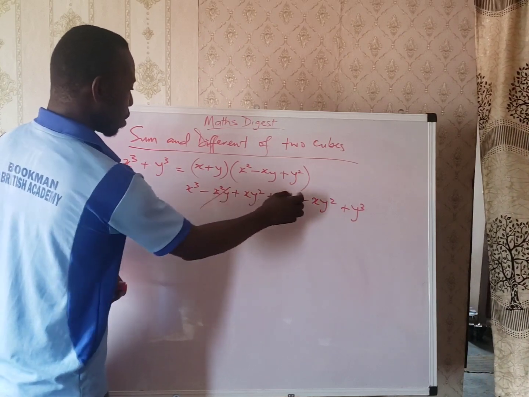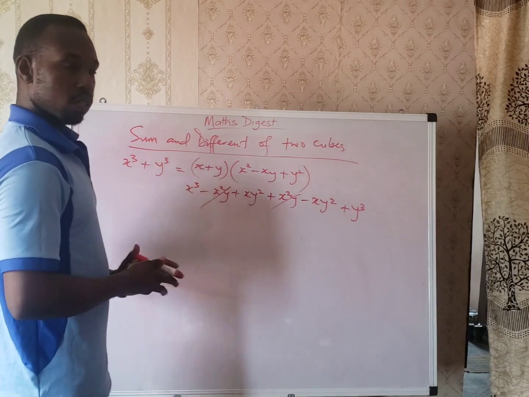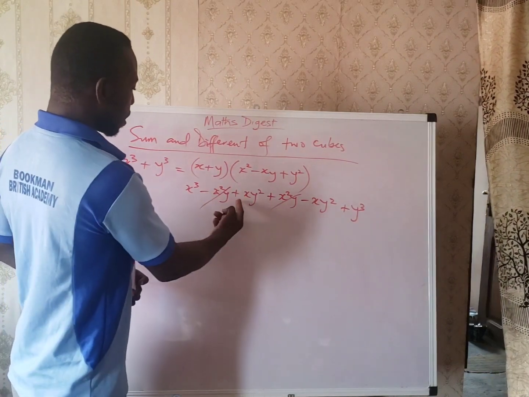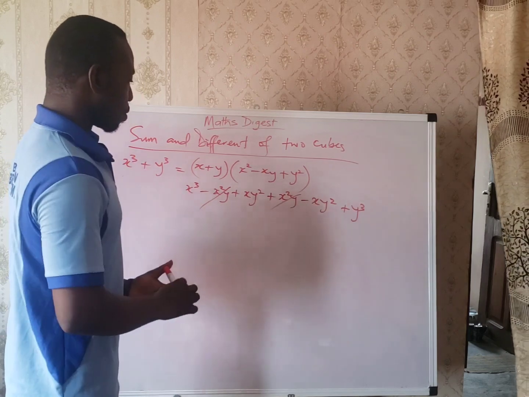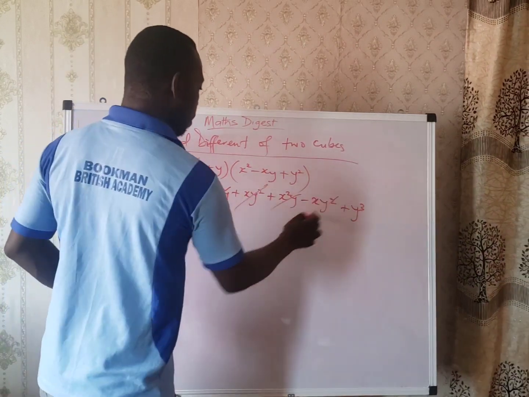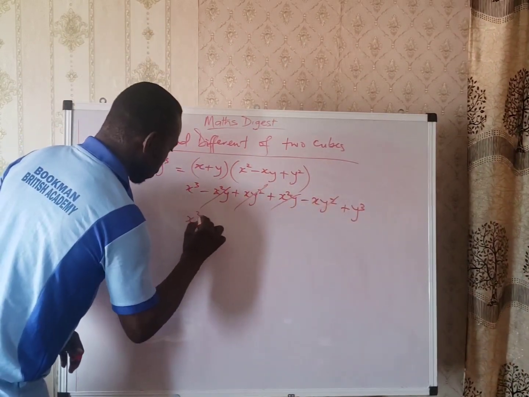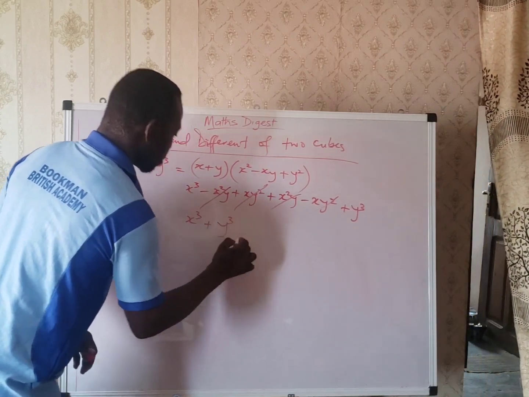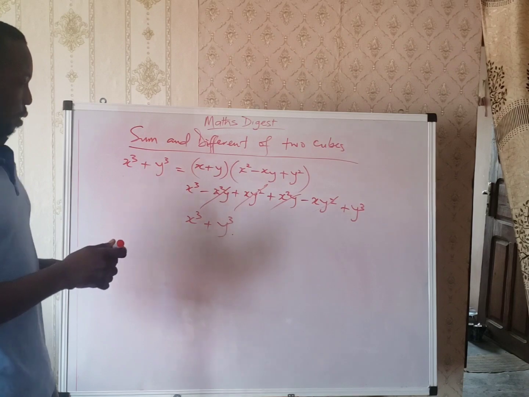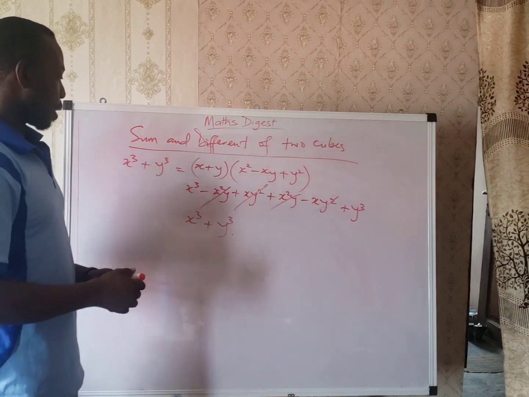So you can cancel this. Now you come to this as well. This has minus, plus, while this one has minus, so they can cancel each other. You are returning back to x cubed plus y cubed. Okay, so you return back to this. This is an example of it.